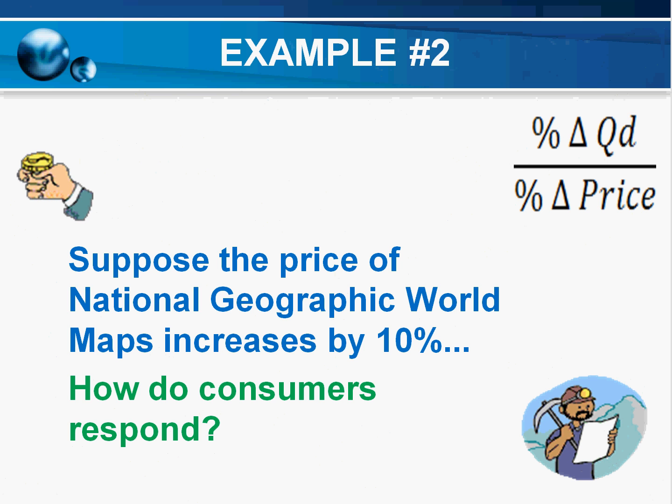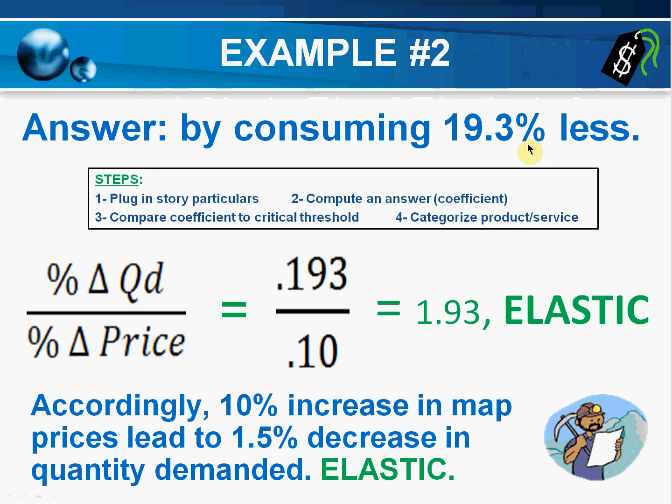Following the price increase of the National Geographic World Maps, we again ask the question, how do consumers respond? Well, again, we start the story in the denominator, and we ask a question about consumer behavior in the numerator. Nationwide statistics reveal that consumers vote with their feet and purchase 19.3% less of those products.